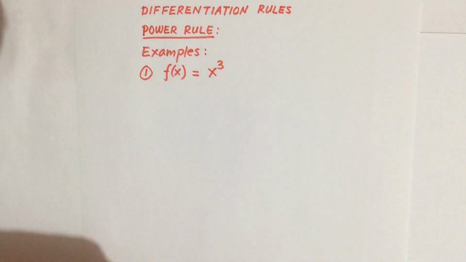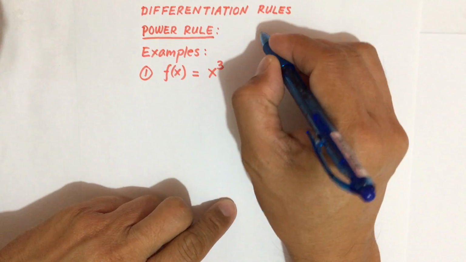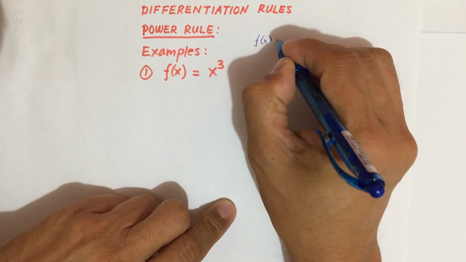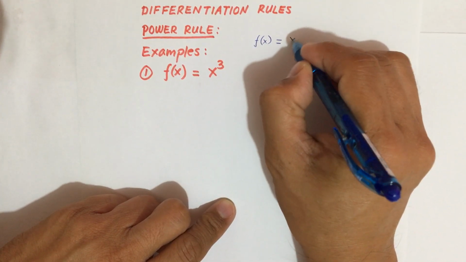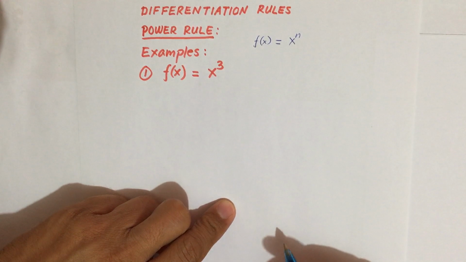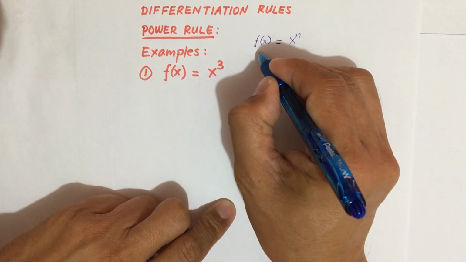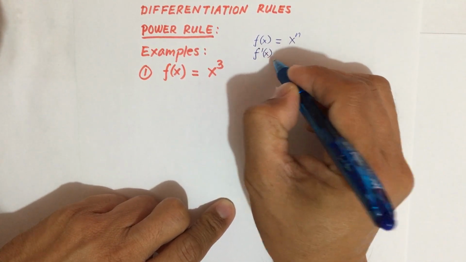In our discussion on the power rule, if you're given f of x equal to x to the n, to find the derivative of the function, we call it f prime of x.